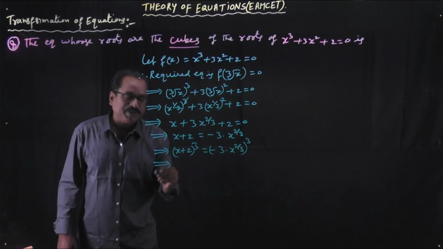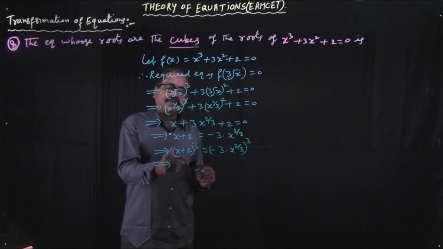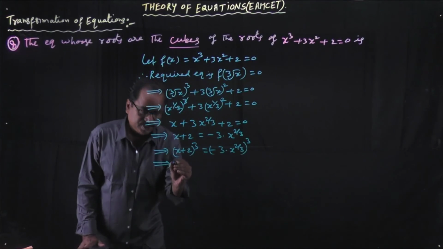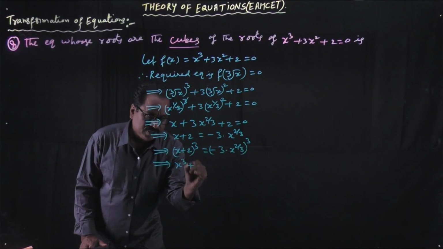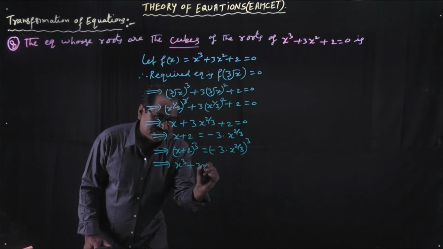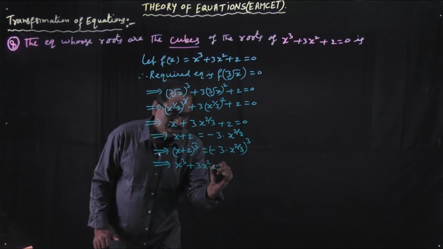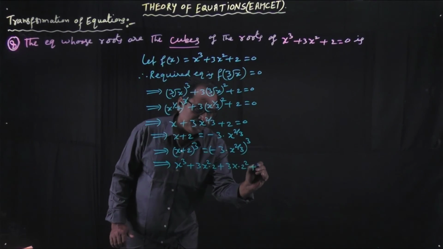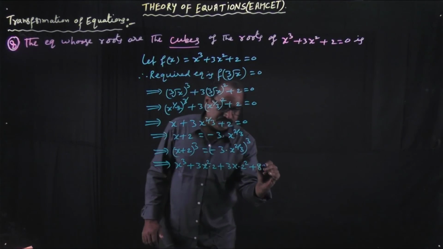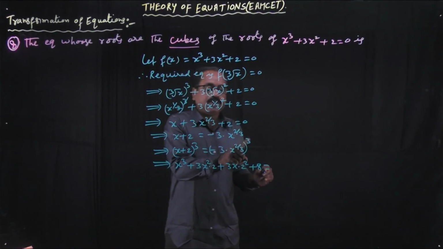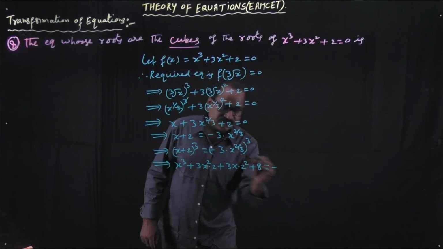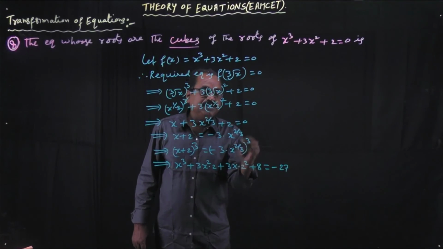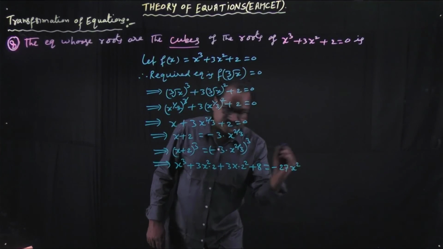Here using a plus b whole cube formula, a cube plus 3a square b plus 3ab square plus b cube. x cube plus 3 x square into 2 plus 3x into 2 square plus 2 cube 8 is equal to, here minus 1 whole cube is minus, 3 cube is 27, x to the power of 2 by 3 whole cube is x square.